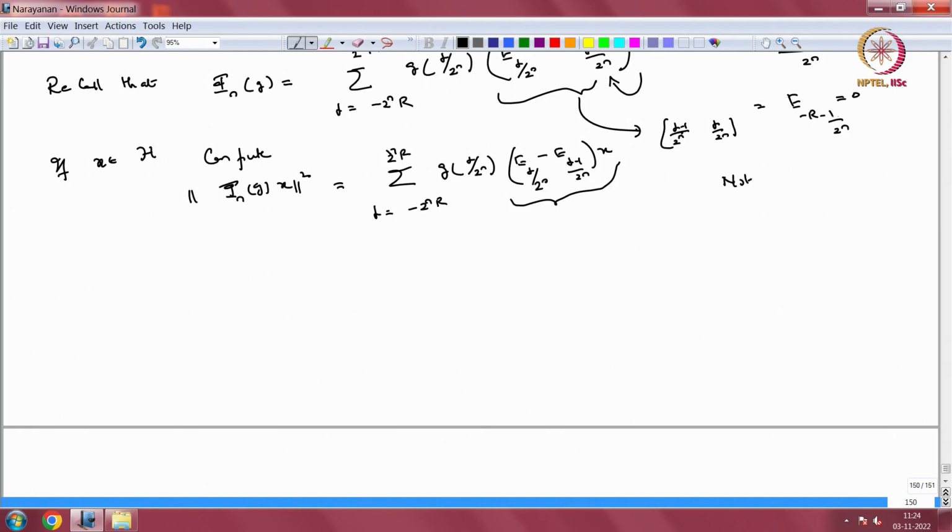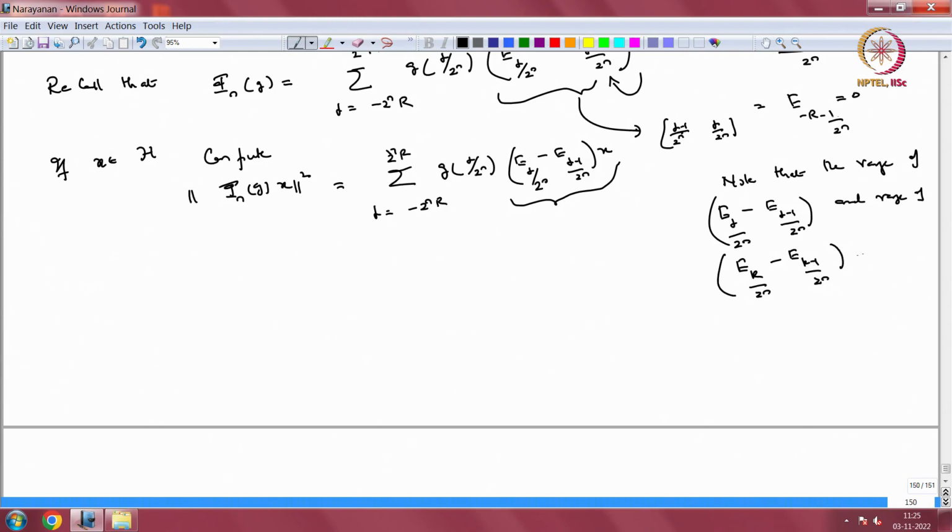Note that the range of E_{j/2^n} − E_{(j−1)/2^n} and the range of E_{k/2^n} − E_{(k−1)/2^n} are orthogonal if j is not equal to k.